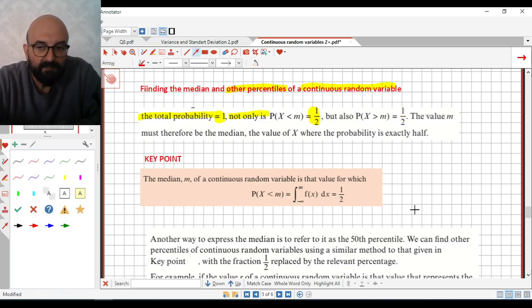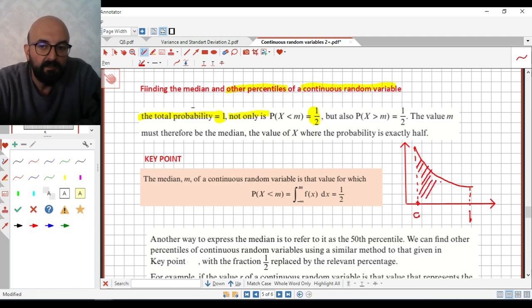Please imagine that you have a probability density function. So our probability density function, for example, looks like this. For example, this point should be A, and this point should be, for example, B. The area under it is 1.